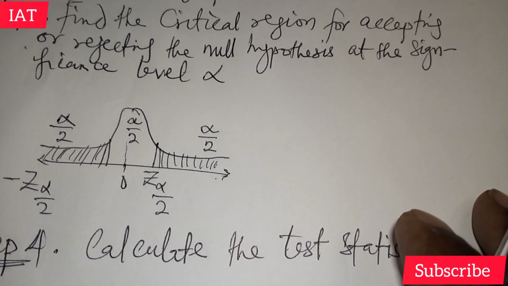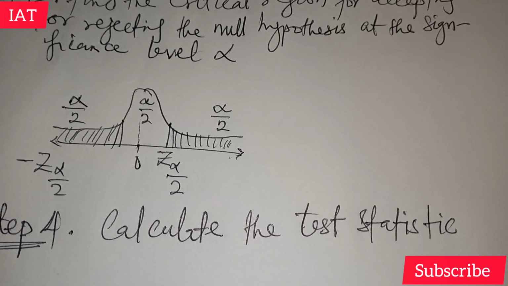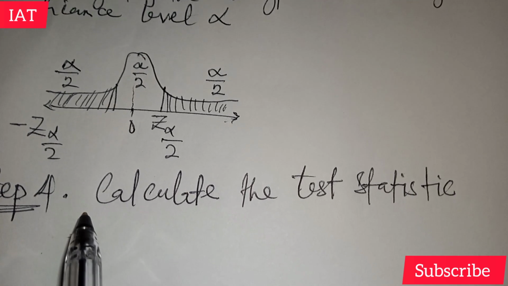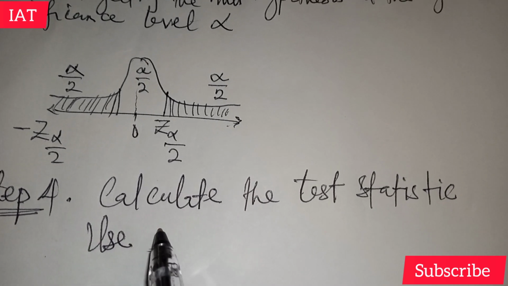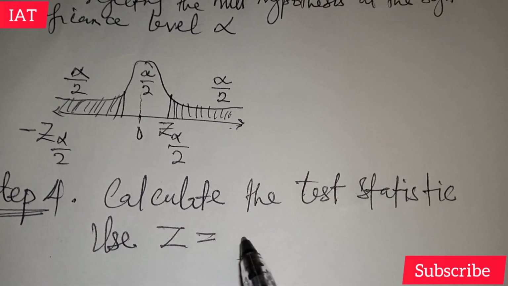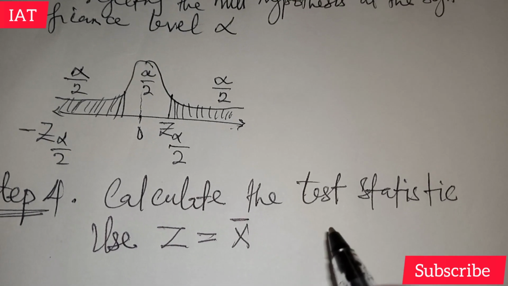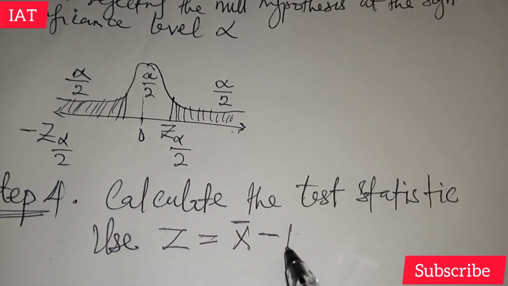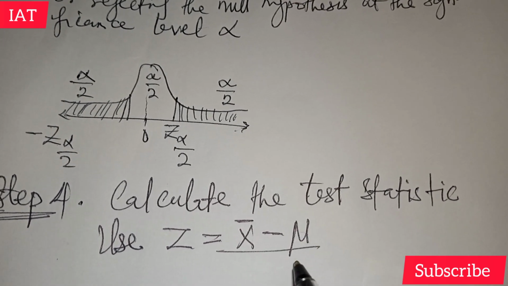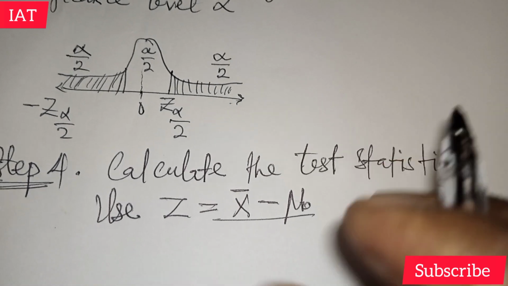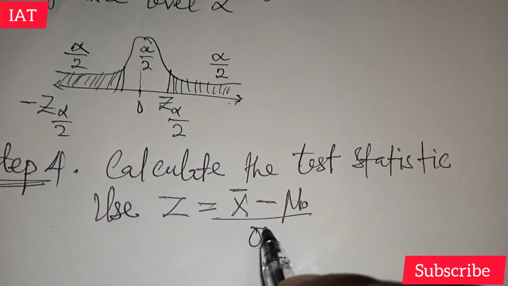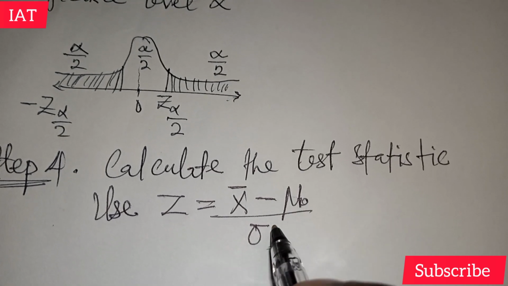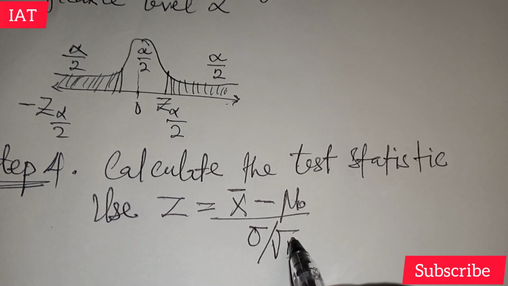For example, I want to present some formula that will be useful to you. You have to use z equals the sample mean minus the population mean, all over rho, which is the population standard deviation, over the square root of n.